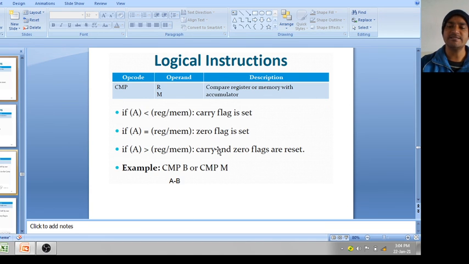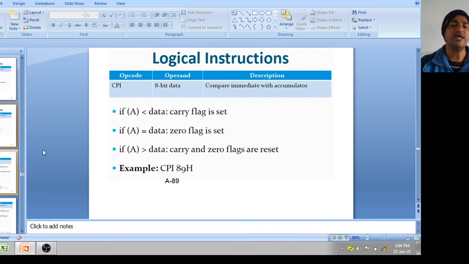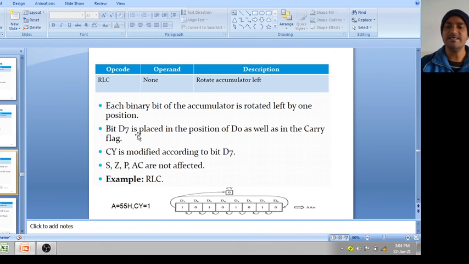After branching instructions I will show you how to find the larger or smaller of two numbers. Now the next instructions are rotate instructions, RLC, RRC. In the next video lecture I will explain all the rotate instructions and branching instructions.